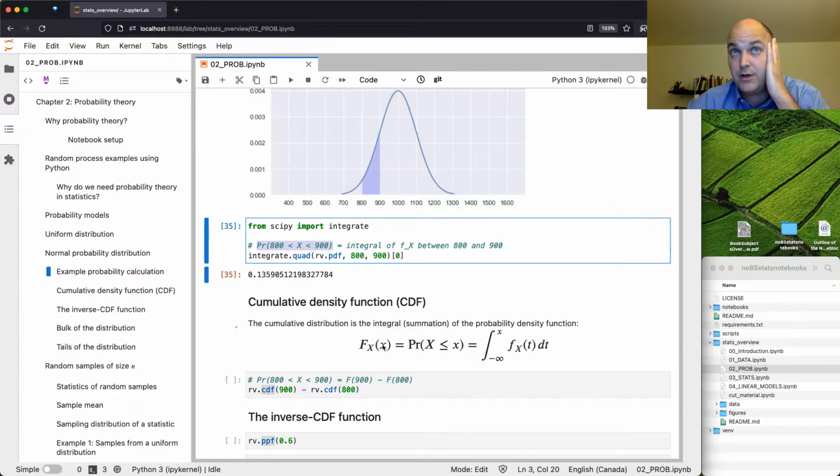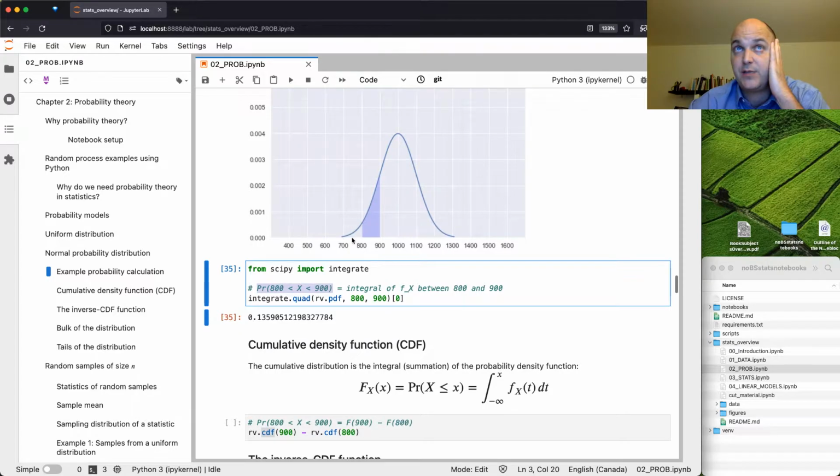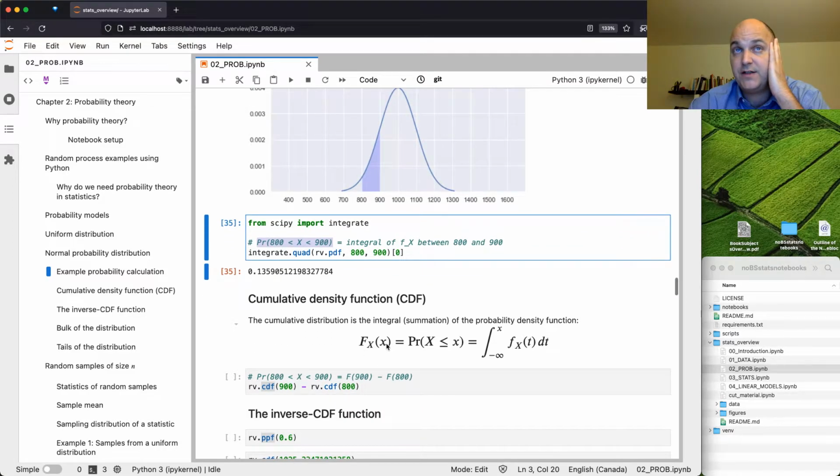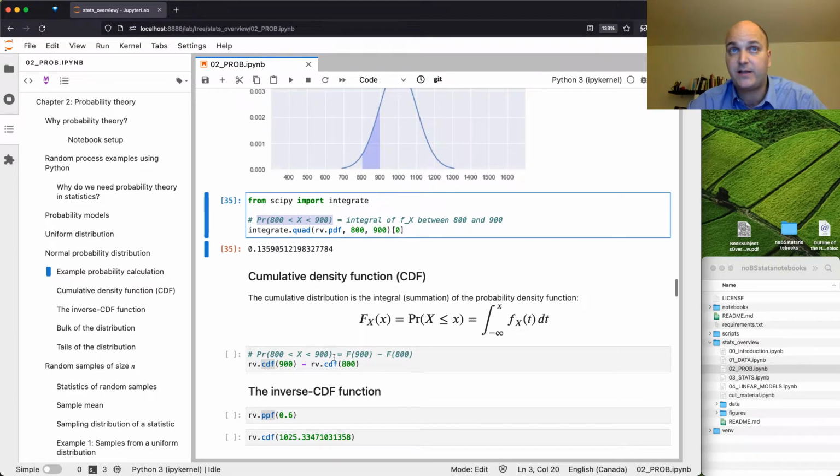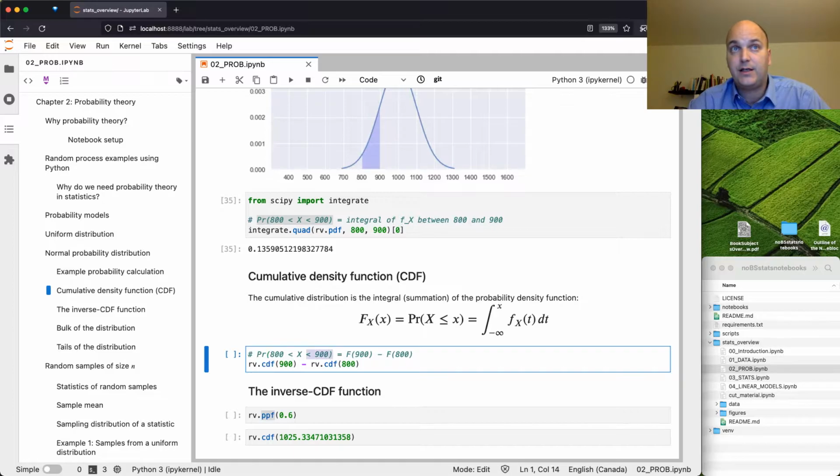That's what the cumulative density function does. It computes the area as a function of the input x. So F of x is the total probability up until that lowercase x. It computes the integral as a function of the upper limit. When you have that, for the same question, we're interested between 800 and 900, what's the probability?